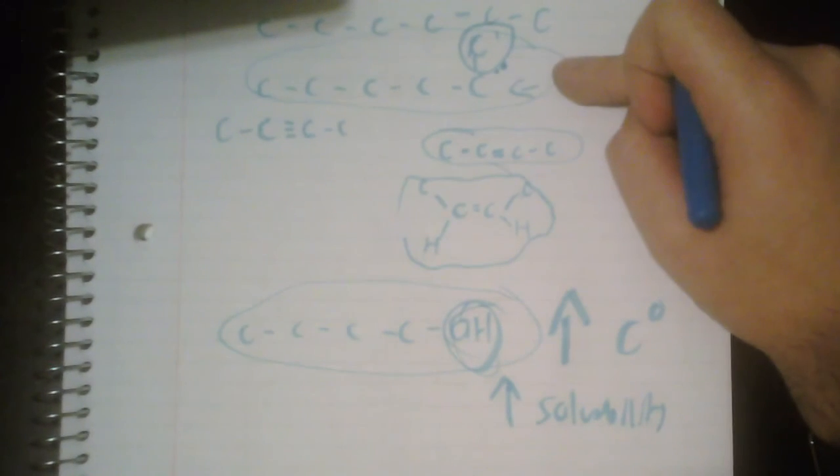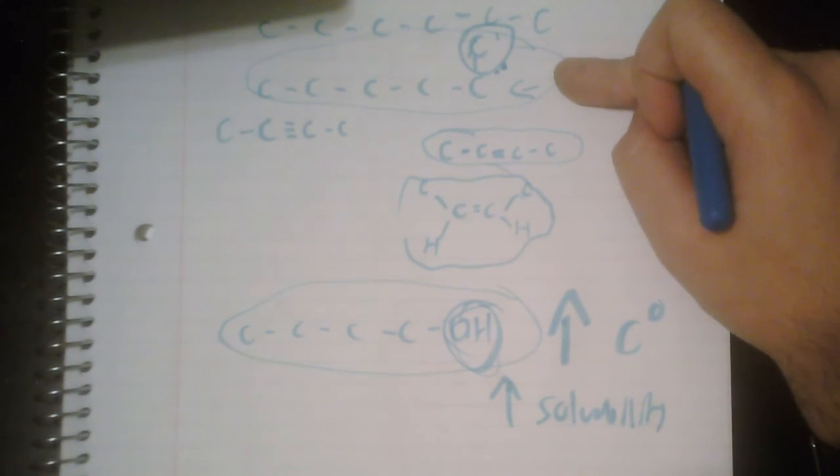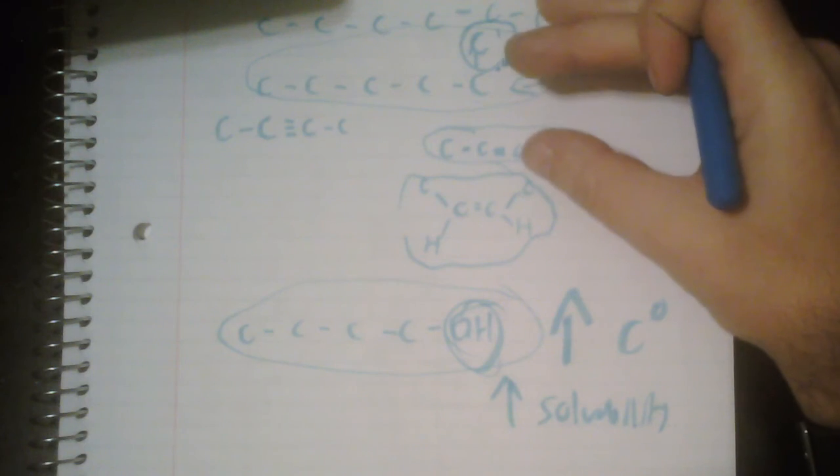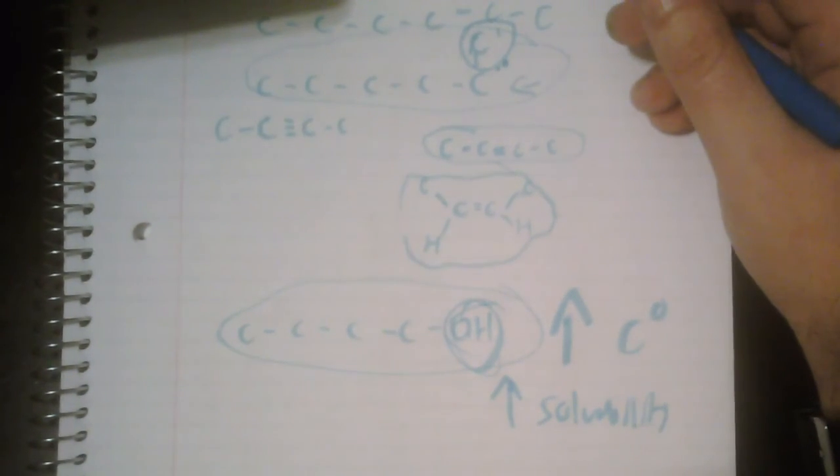It's going to be more soluble. So an alcohol is far more soluble than an alkane, alkene, or alkyne. In terms of other things for solubility, it's kind of just down to, with alkenes and alkynes, how many carbons there are and how tightly packed they are, once again.